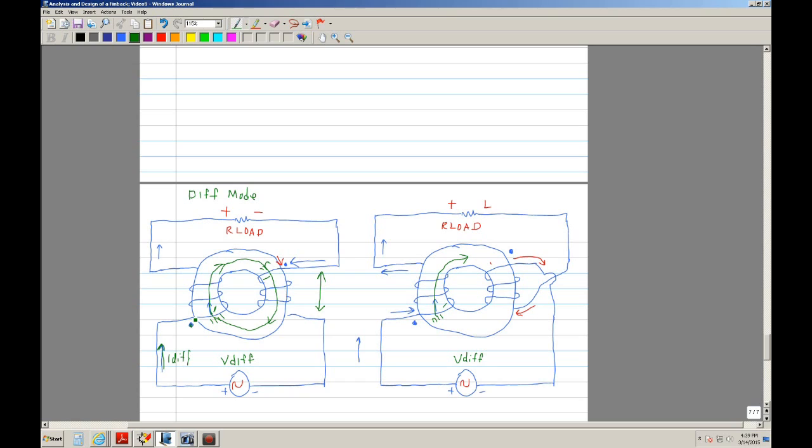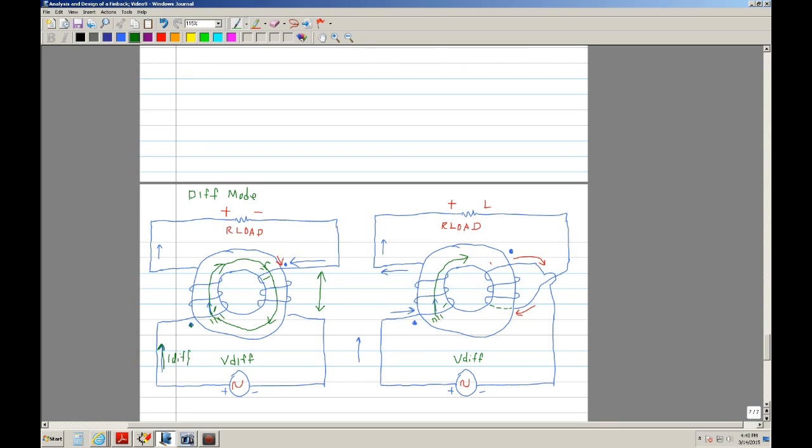Now let's follow the current. Now the current, instead of going to the dotted one, goes into the non-dotted. Here you have to maybe illustrate it or use your imagination a little bit. The winding is in the back.